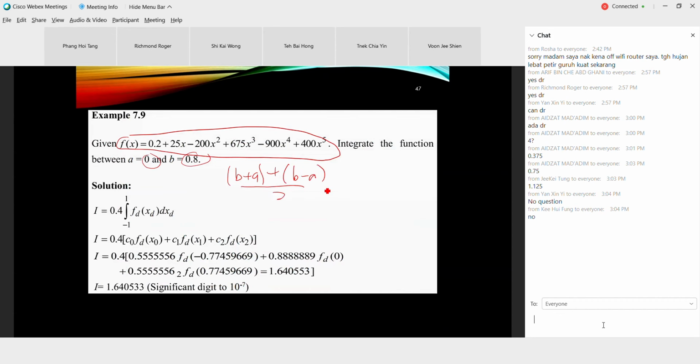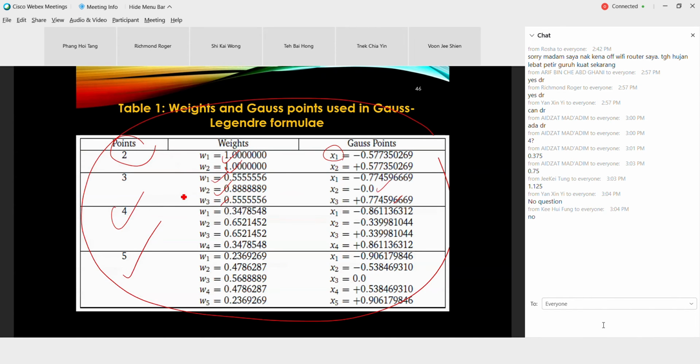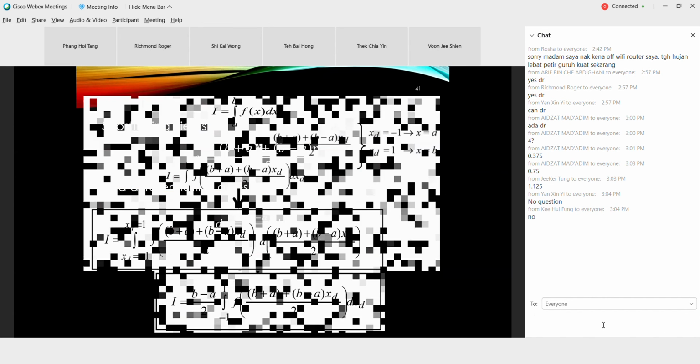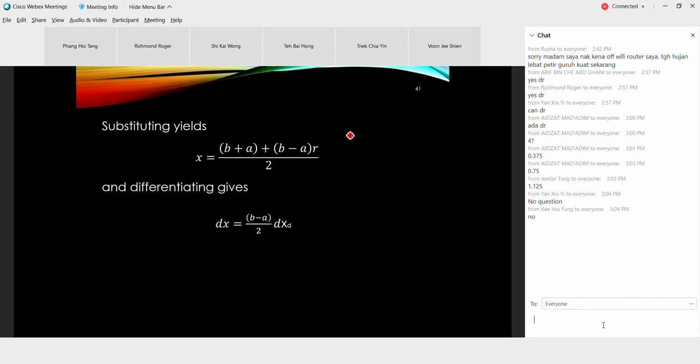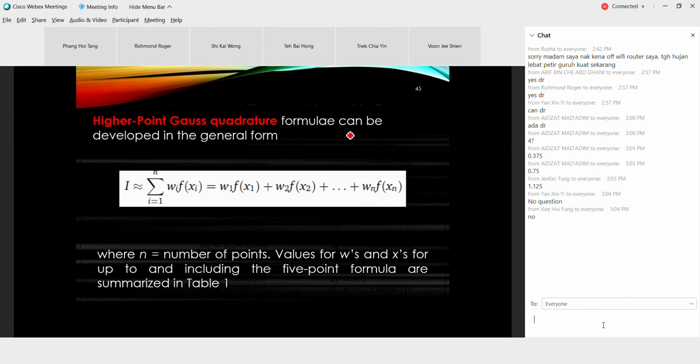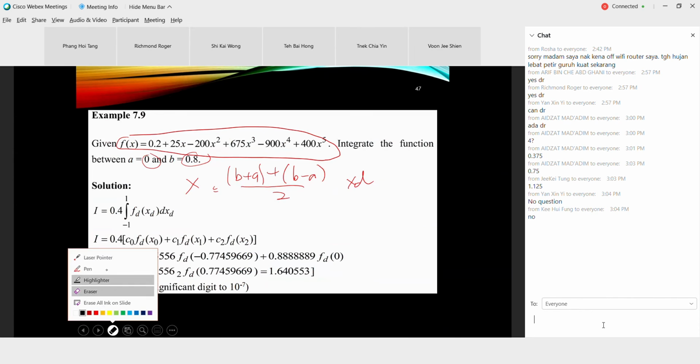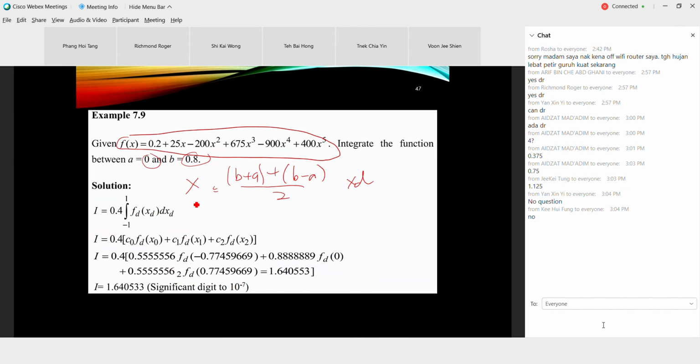Okay, b plus a, okay, plus b minus a, divide 2, betul? This one dxd, betul? So this is x. Ya, sama lah tu di dx. Okay? Ya, xd. Okay. So apa dia? B berapa?